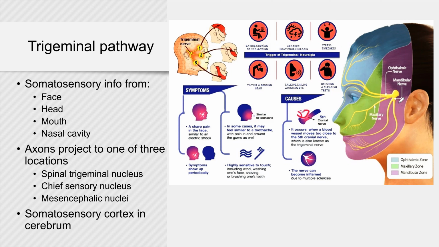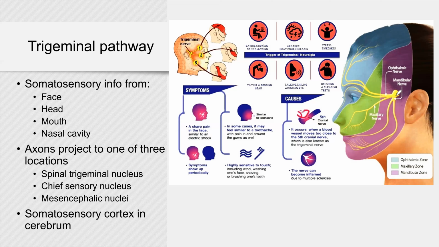So it's somatosensory information from the face, head, mouth, nasal cavities, right? So over here, I show you the trigeminal has 3 branches. This sensory information travels from the trigeminal nerve straight to your brain without going to the spinal cord first.